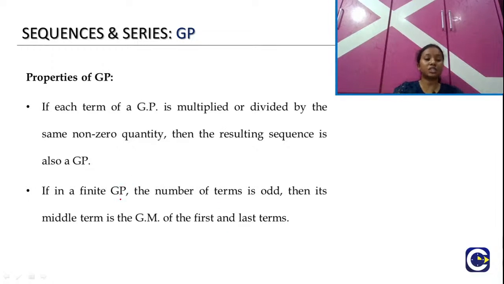According to this property, if we are having a finite number of terms in a geometric progression, suppose I'm taking r equal to 2 and my first term here is 3. That means 3, 3 into r is 6, then 12. Right. So let me consider this.